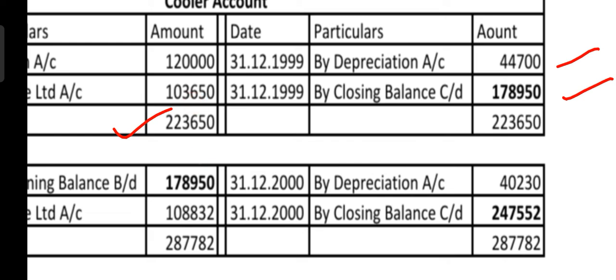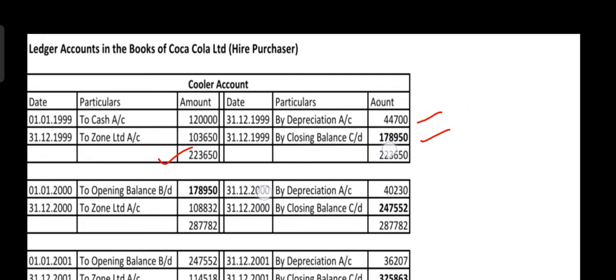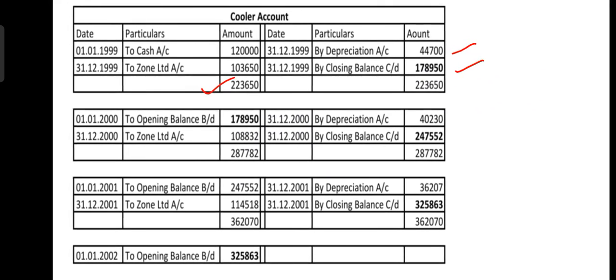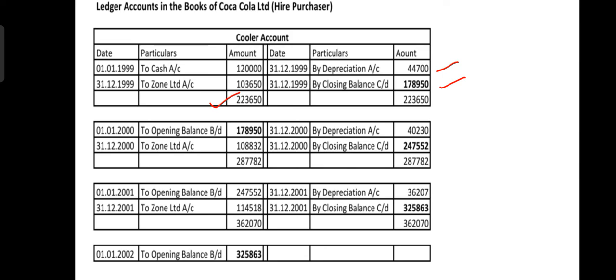Out of that asset, 47,600 went out of the business in the name of depreciation, and the closing balance at the end of year one, the asset value available with us, is 1,78,950. This method of maintaining the accounts we call the accrual system, the asset accrual method. In examinations they are going to ask this method only.